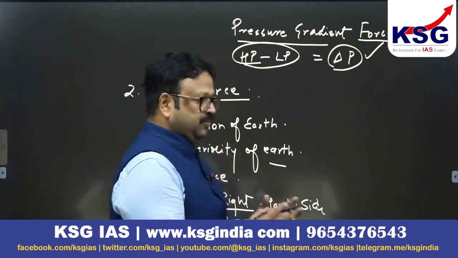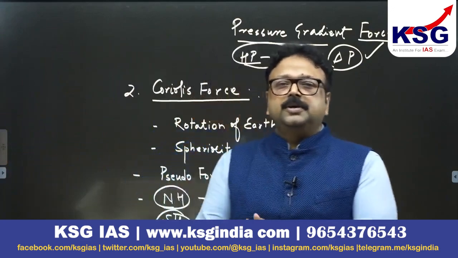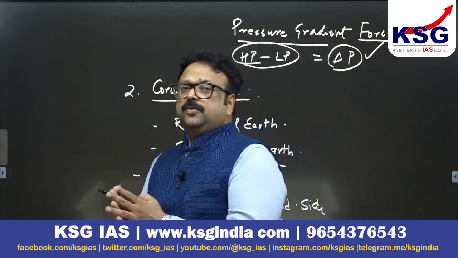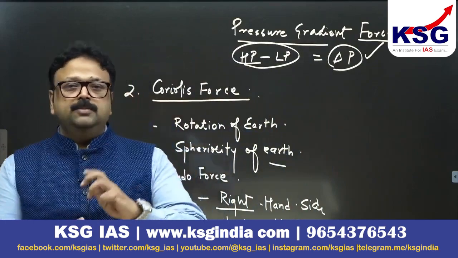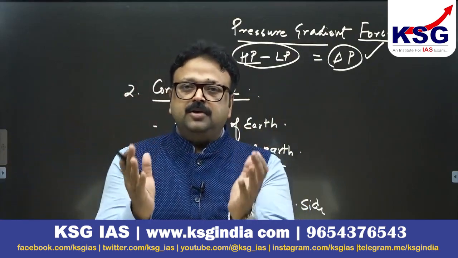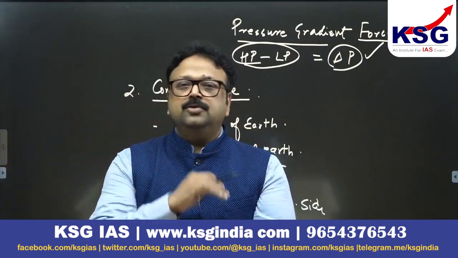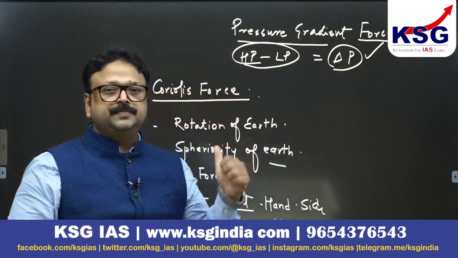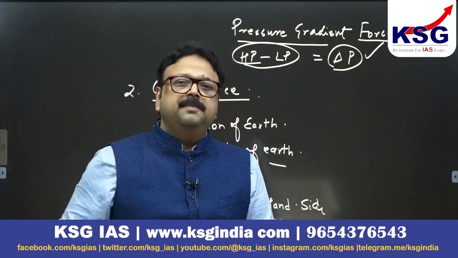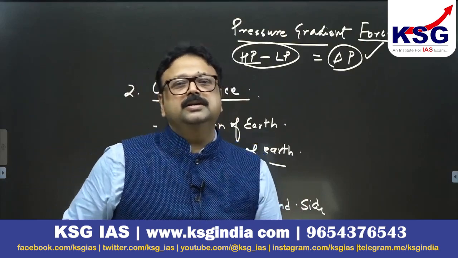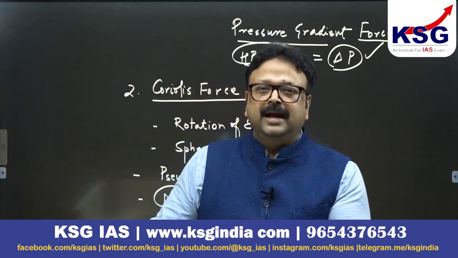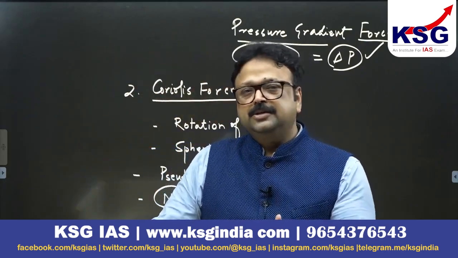It's a pseudo force. It is an apparent frictional drag, it is because of the rotation of earth and simultaneously because of the sphericity of the earth. Once you go for the derivation of this deflection and the path of the air, you require some mathematical attributes, and it requires at least 5-6 pages.